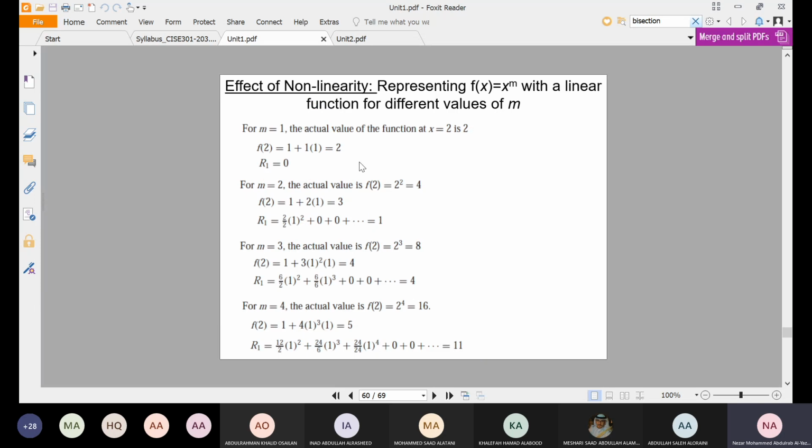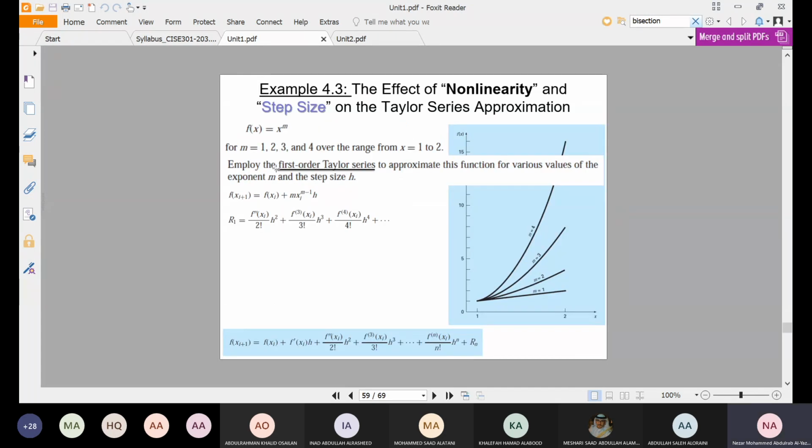So here we have this solution for m equal to 1. Because f of x is equal to x only, the true value of the function is equal to 2. In our approximation, we use only the first order, no need for the second or third order.